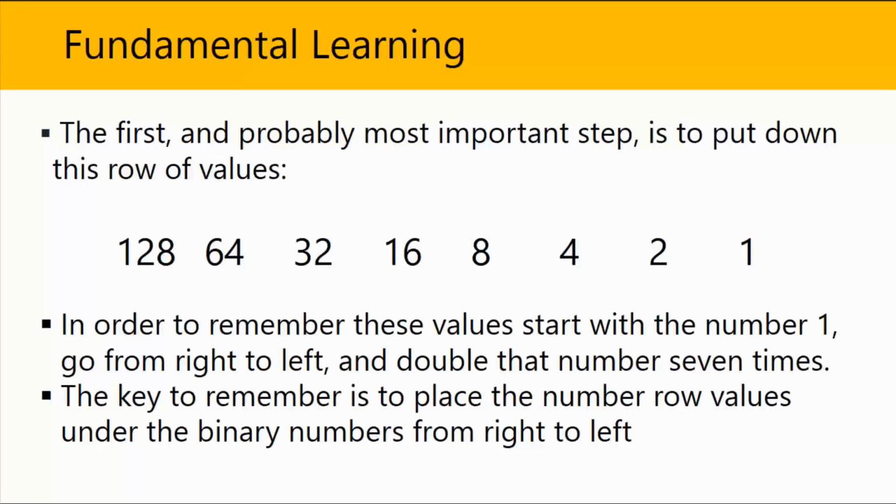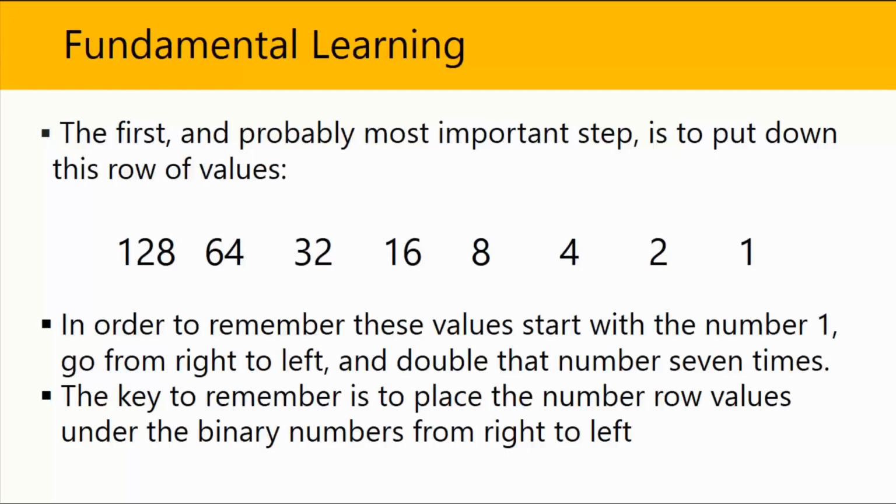So in order to remember these values, start with the number 1, go from right to left and double that number 7 times. So 1 times 2 is 2, 2 times 2 is 4, 4 times 2 is 8, 8 times 2 is 16, 16 times 2 is 32, 32 times 2 is 64, and 64 times 2 is 128. So this is an easy way to remember it.